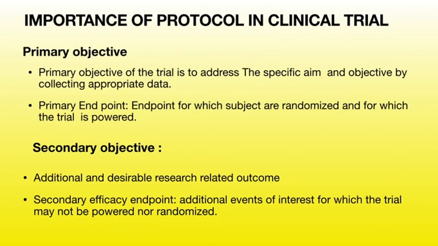The primary endpoint is the endpoint for which the subjects are randomized and for which the trial is powered. The secondary objective is an additional and desirable research-related outcome, for example progression-free survival. And the secondary efficacy endpoint is an additional event of interest for which the trial may not be powered or randomized.